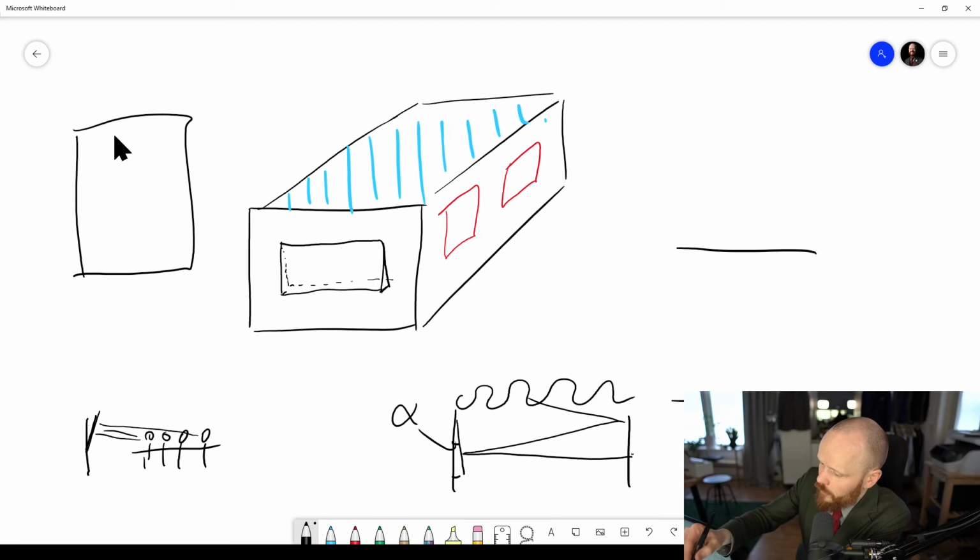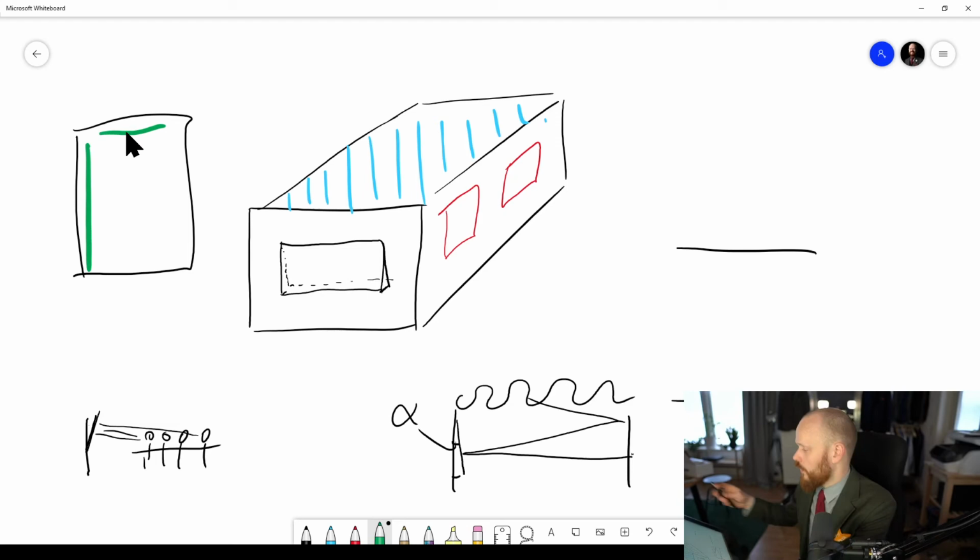Do something about it. At least two of the sides in the room should have some kind of treatment. So this could be absorbers here, and this could be an angled whiteboard or an angled TV. And that's all I had for today's little acoustic crash course.